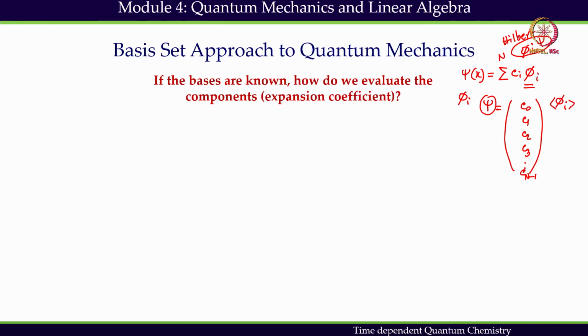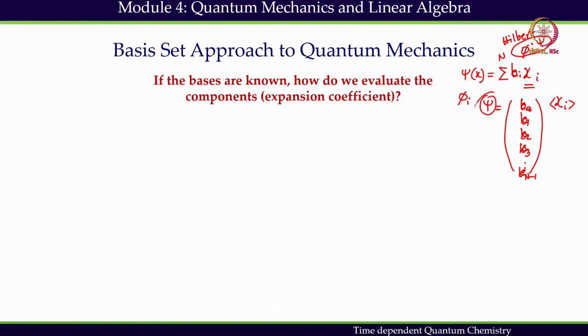If I change the basis to something else, let us say chi, then these coefficients will also change. So, this is going to be B_i, and then all these coefficients will change.